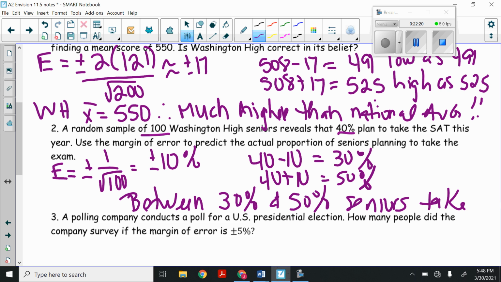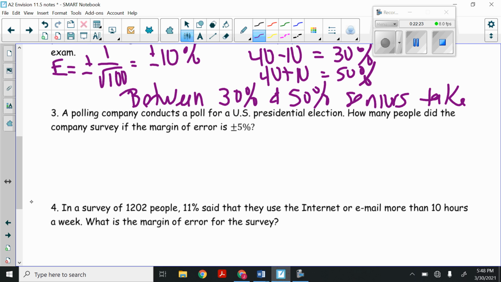Number 3, a polling company conducts a poll for a U.S. presidential election. How many people did the company survey if the margin of error is plus or minus 5%? It didn't give us any standard deviation, so this is going to be a categorical. So E equals plus or minus 1 divided by the square root of n.